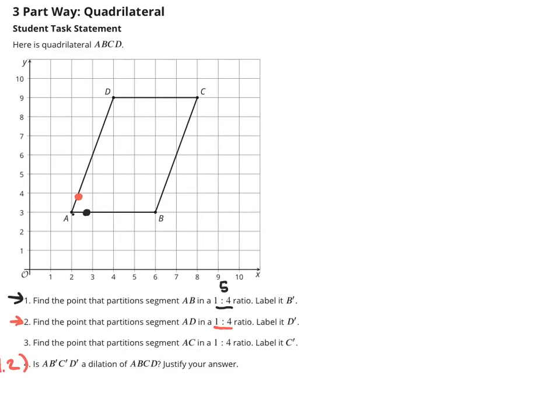Okay, number 3, we are going to do in green. And it says, find the point that partitions the segment AC in a 1 to 4 ratio. So again, you add those together and you get 5. And my A is not going to change. We're going to label that C prime. 4/5 times A plus 1/5 times C equals, we already did A, so I've got 8/5, comma, 12/5.